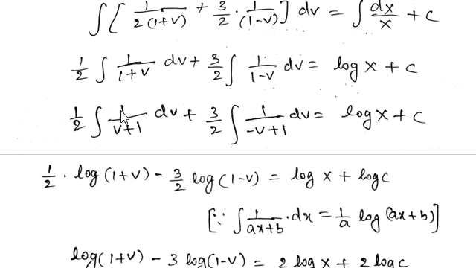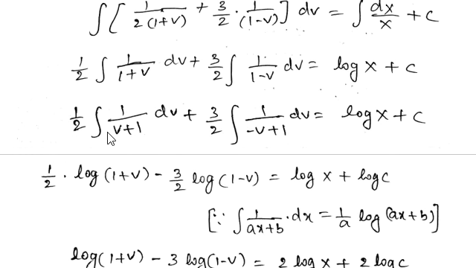If you see here, this is in the form of integration of 1 by (ax plus b) dx. In the place of a we have 1, in the place of x we have v, in the place of b we have 1, and in the place of dx we have dv. The formula for this is 1 by a log of (ax plus b).